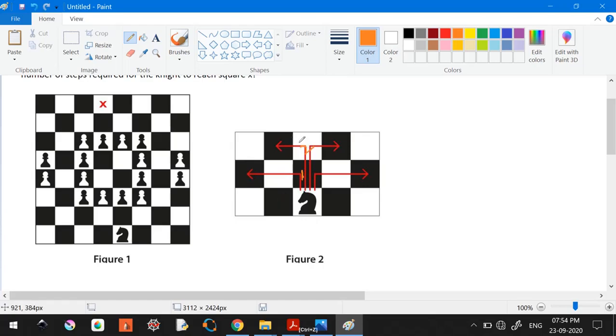Anyway, if you see, it only moves 3 steps, and the important thing is the steps will not be on the same line, which means I should not take 1, 2, 3 straight here. This is not possible. It has to take one bend. So that is what you need to remember. I think this is very basic.